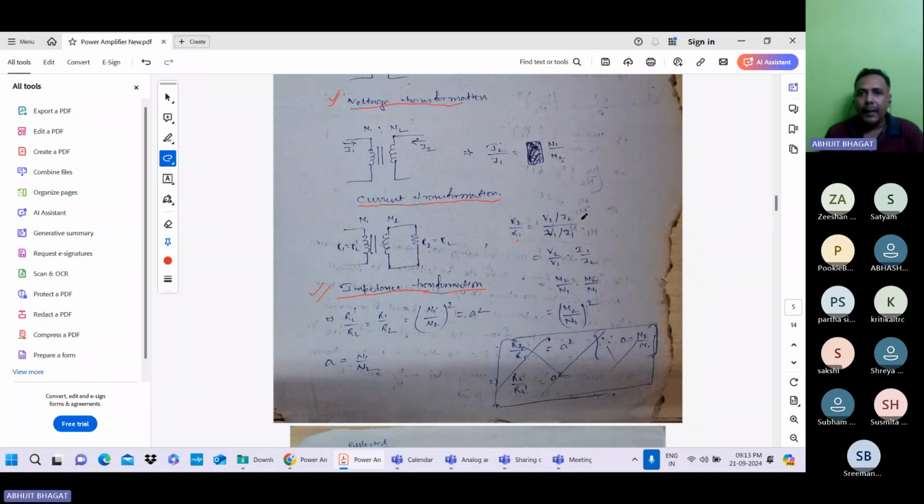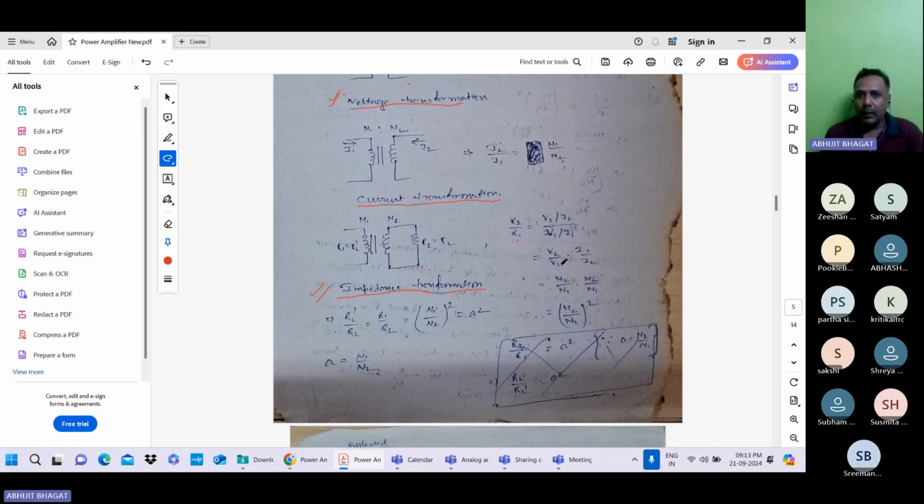R2 equals the voltage across the secondary side divided by the current across the secondary side, so R2 equals V2 by I2. Same for R1: R1 means the resistance across the primary side, which is the voltage across the primary side divided by the current across the primary side, V1 by I1.